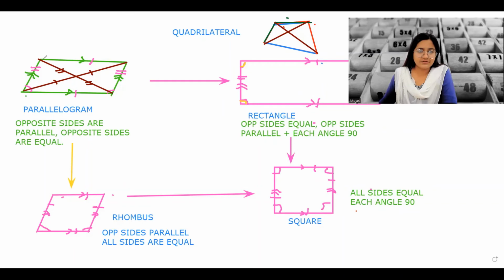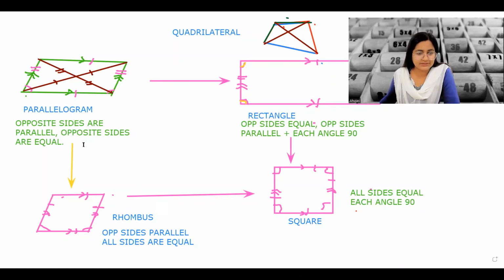Suppose this line is 8 centimeters, then 4 centimeters will be from here to here and 4 centimeters from here to here, right? If it is 16 centimeters, then 8 centimeters from here to here and 8 centimeters from here to here. This is known as bisect. So what we can say about the diagonals of a parallelogram: they bisect each other.